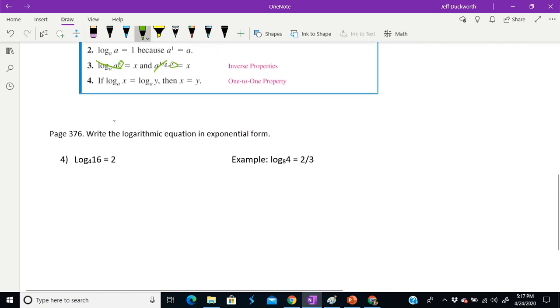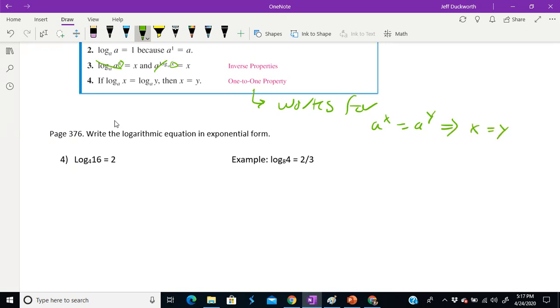What I like to do is that one-to-one property works as well for exponents. So this also works for a. If a to the x equals a to the y, that means x must equal y. That works as well.